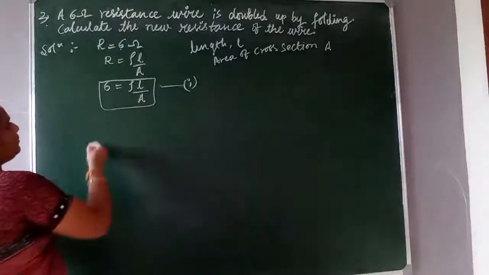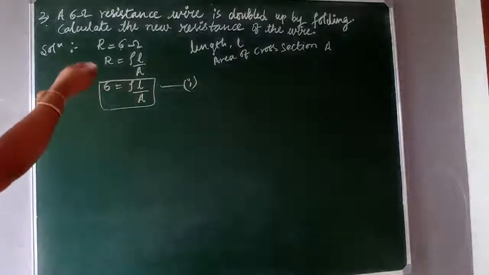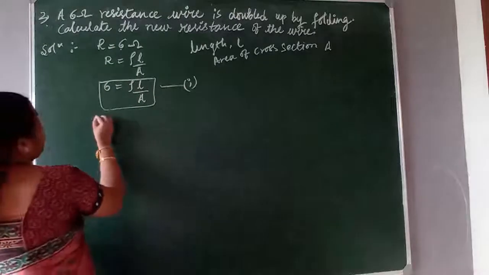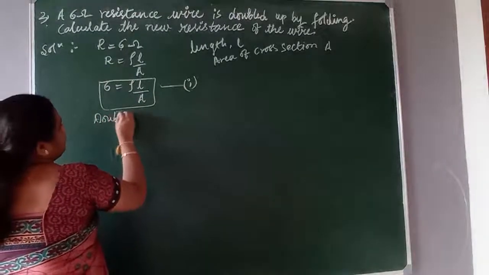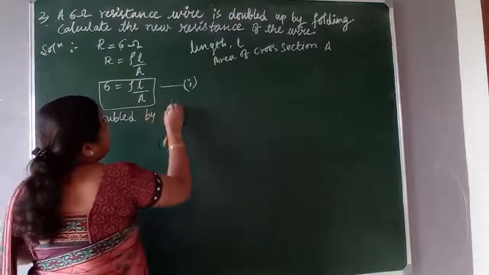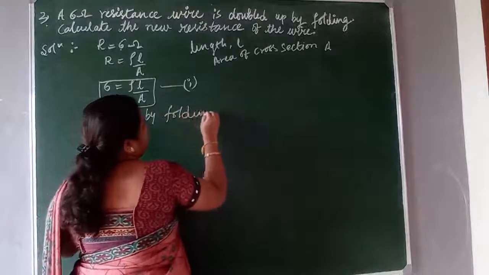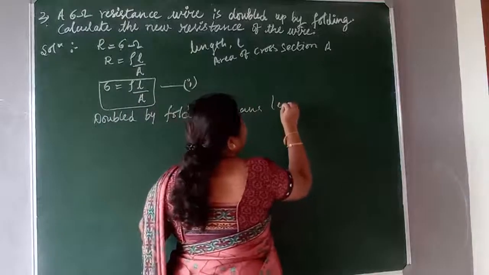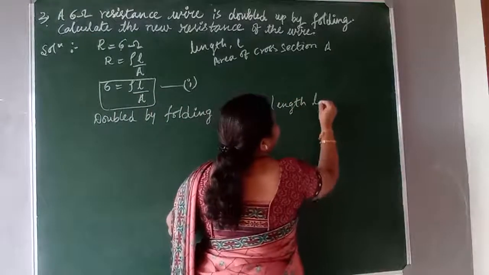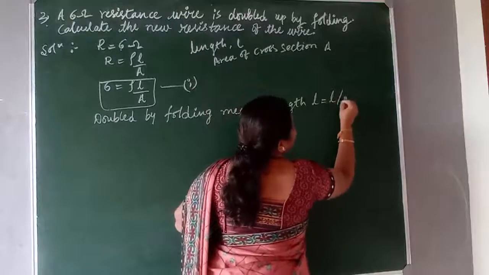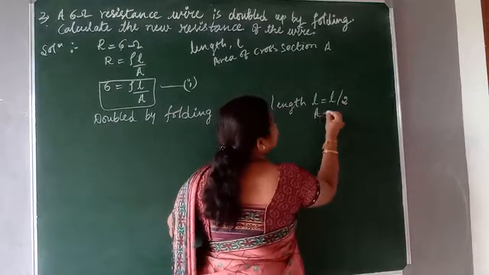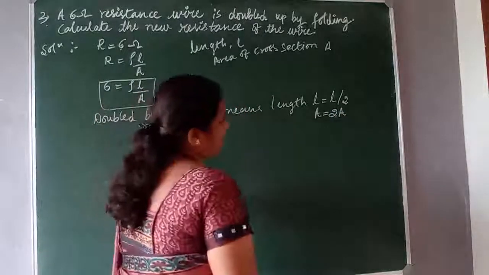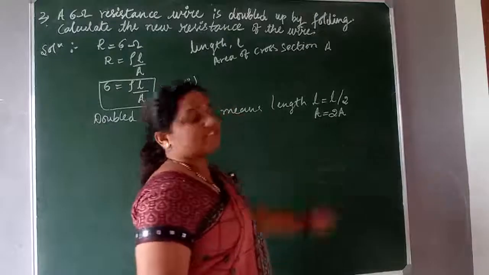Now the new wire, if the wire is doubled up by folding, it means length L will become L by 2 and the cross section will increase by 2 times, isn't it, children? We have to use these values now.